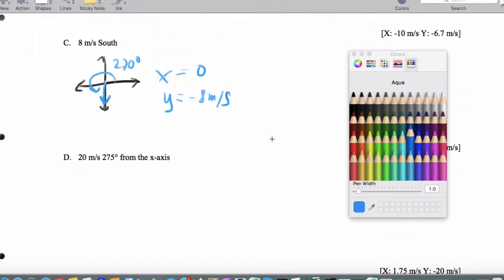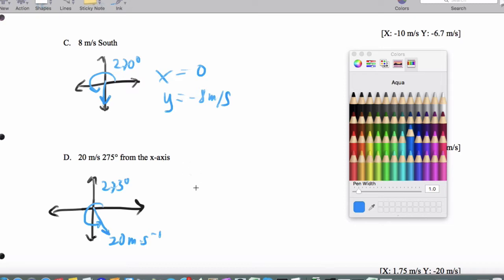And then for this last vector, we're going to have here 20 meters per second at 275 degrees. And so our vector, let's set up x and y components.